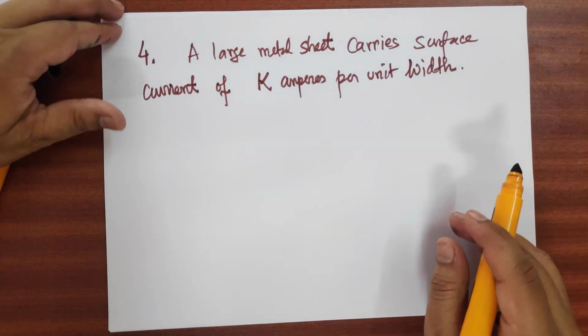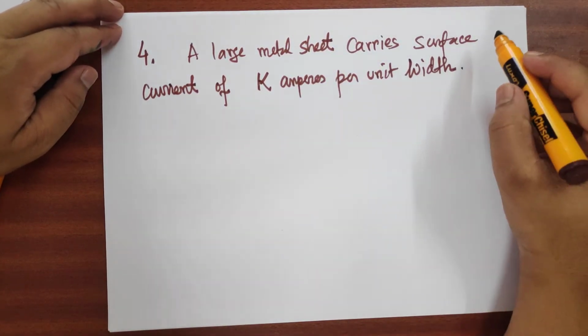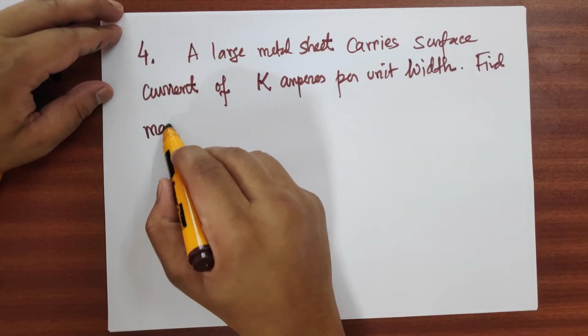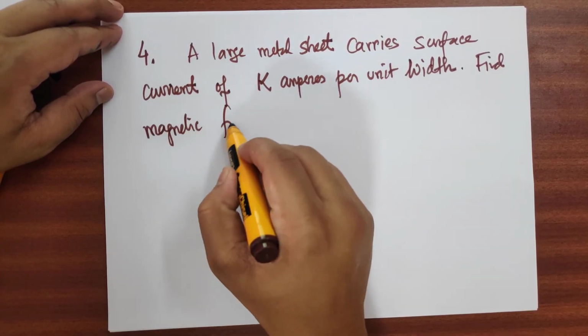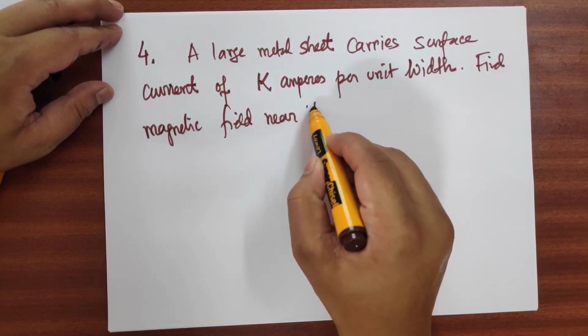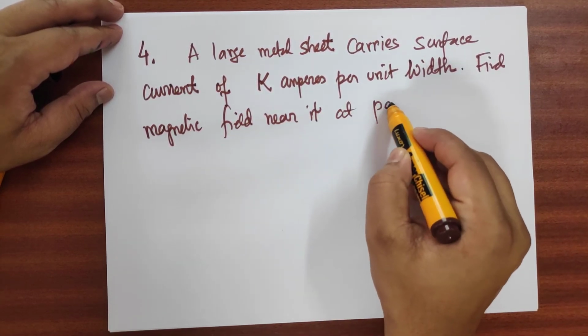The thing will be clear in the diagram, I will show it. Find the magnetic field near it at points P and Q.